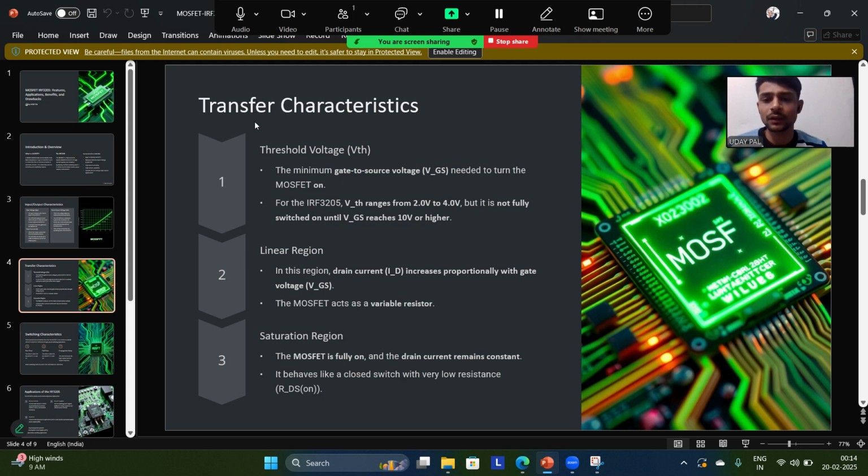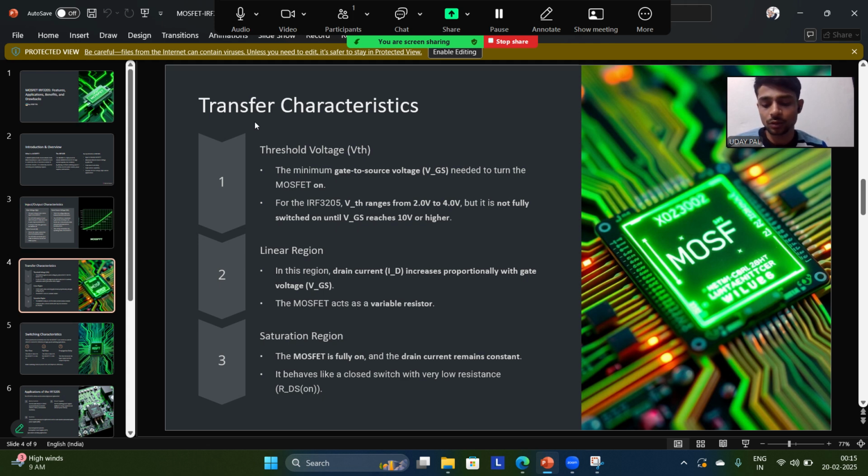In this we discuss the threshold voltage. For IRF3205 the threshold voltage range is from 2 volt to 4 volt, but it is not fully switched on until it reaches 10 volt or higher.